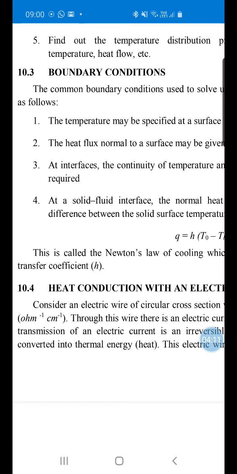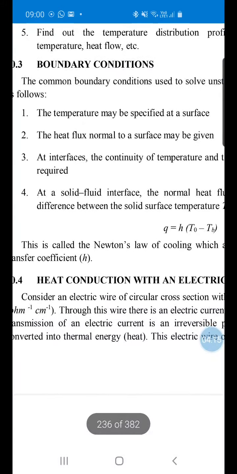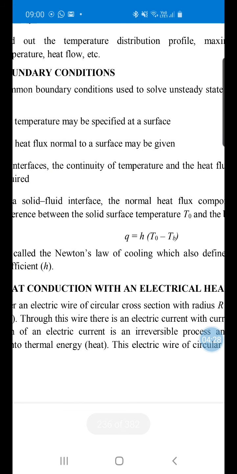What are the boundary conditions used to solve the steady state energy balance problems? The first is that you have to define the temperature at a specific surface. You have to define the heat flux which is normal to the surface. At an interface, the temperature and the heat flux normal to the interface must be continuous.